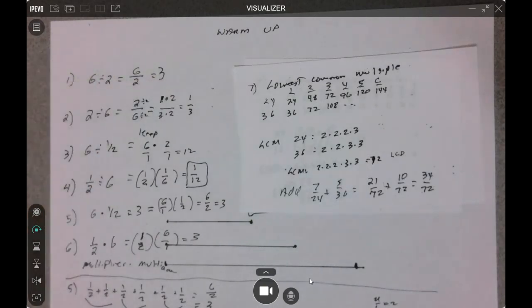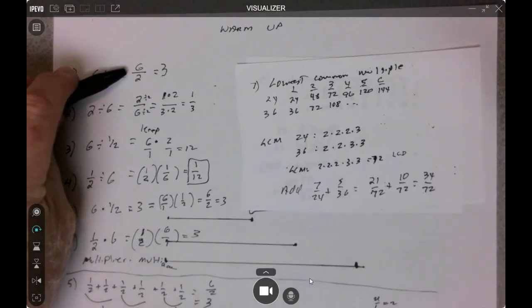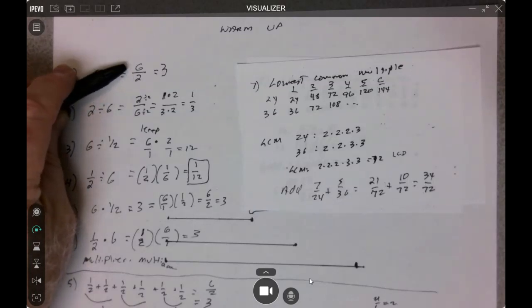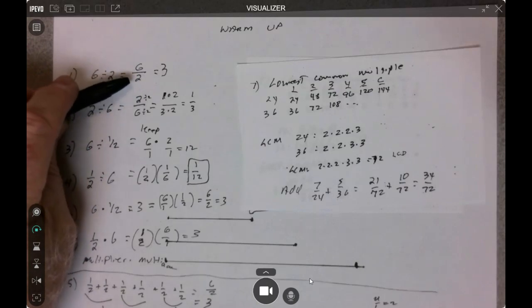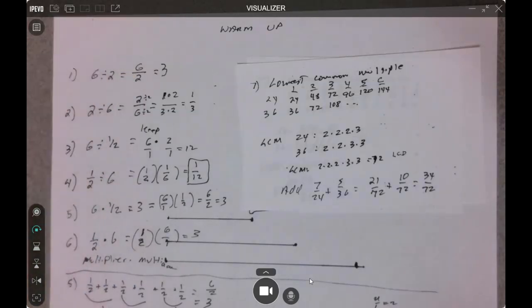I wanted to make the point that you could also think of this as a fractional notation, where this denominator says I need 2 items to make an entire object, and I have 6. So think about that for a minute. If it takes 2 items to make an entire object, and you have 6 items, then altogether you must have a total of 3 items.